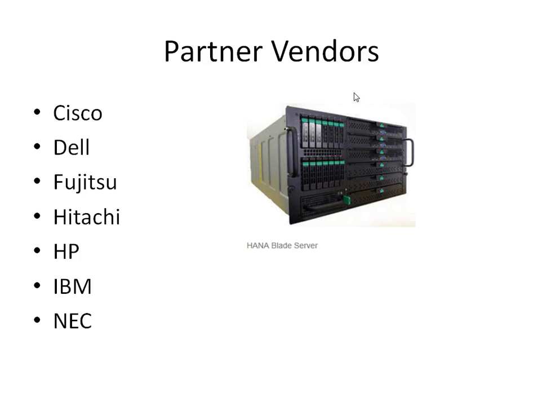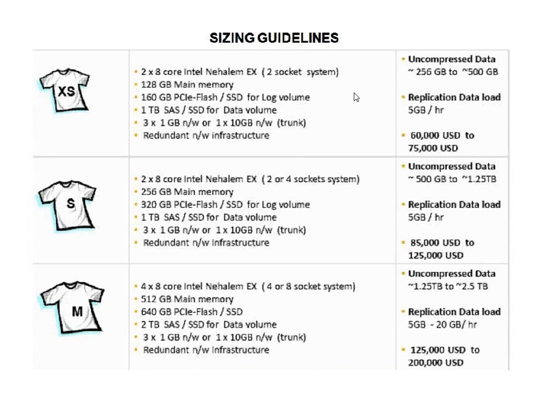Some of the partner vendors that you have here are providing the SAP HANA Blade service. The sizing guidelines, the servers that are available for different enterprises based on the uncompressed production data and the replication data load or replication speeds. So you have different servers.